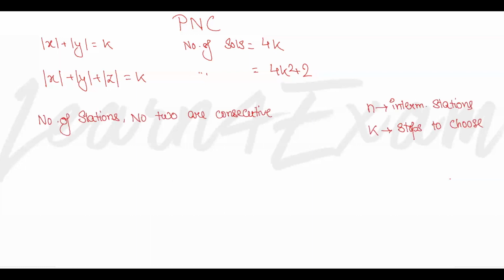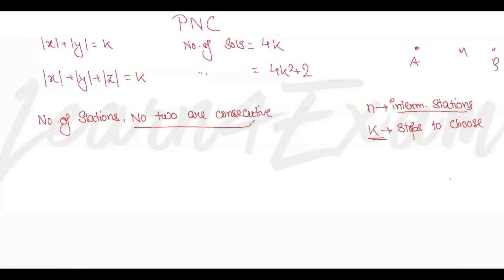Then, another favorite question that comes from PNC: I have a certain number of stations between two stations, let's say A and B. Between A and B, I have n intermediate stations, and I need to choose k of those stations such that no two are consecutive.